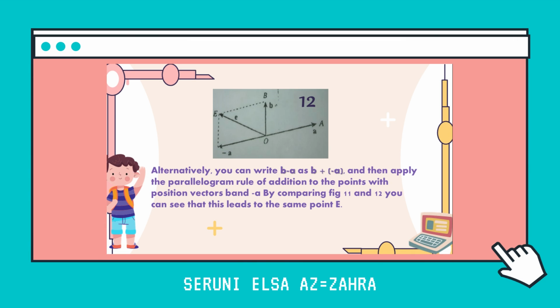Alternatively, you can write b minus a as b plus (minus a) and then apply the parallelogram rule of addition to points with position vectors b and minus a. By comparing figures 11 and 12, you can see that this leads to the same point E.